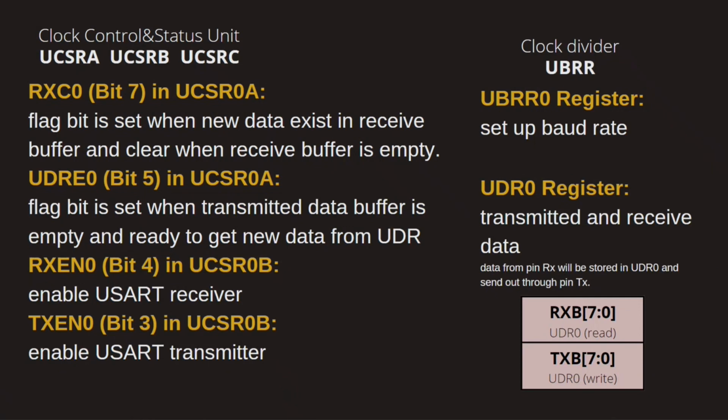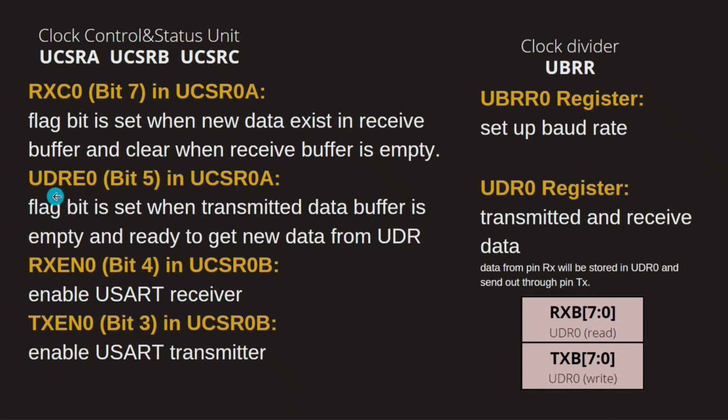These are some registers that you might need to know. First, RXC0 in UCSR0A is a flag that shows the status of whether you received data in the receive buffer or not.